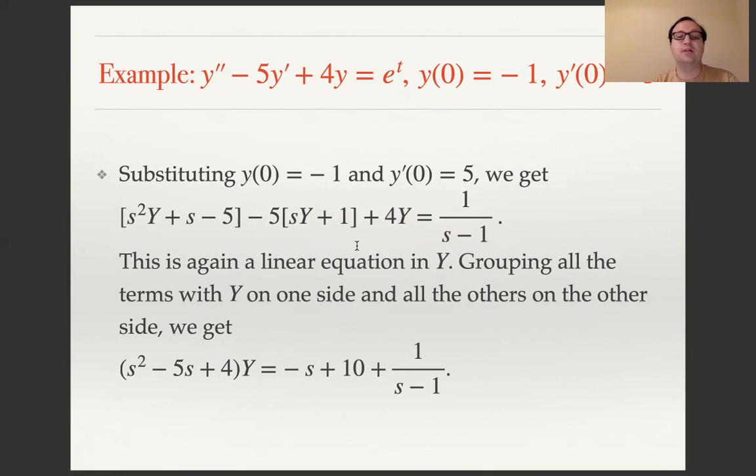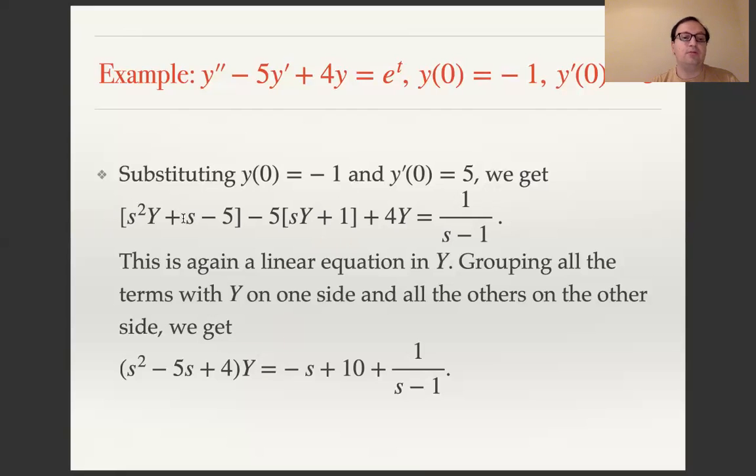Again, this is a linear equation in capital Y, and we group all the terms with capital Y together. And we get s squared minus 5s plus 4, everything times capital Y. And then what are the terms that do not involve capital Y? Let's put them all on the other side.